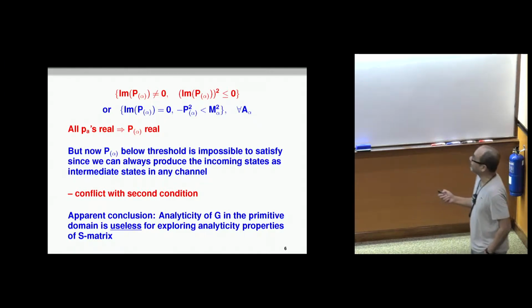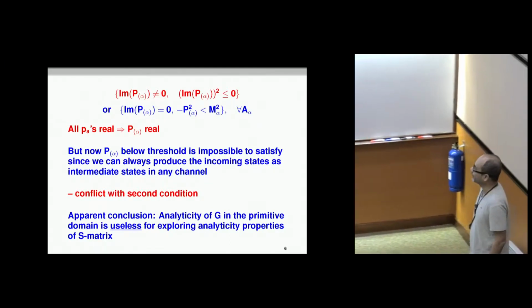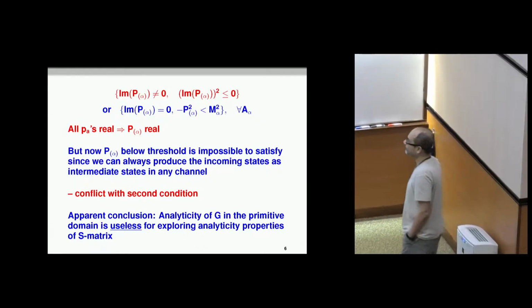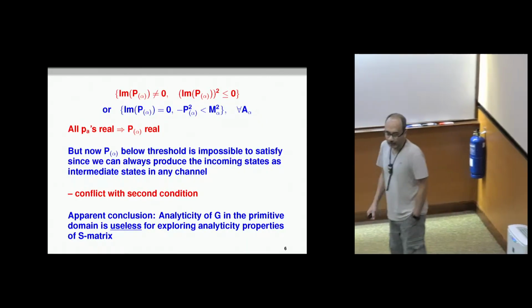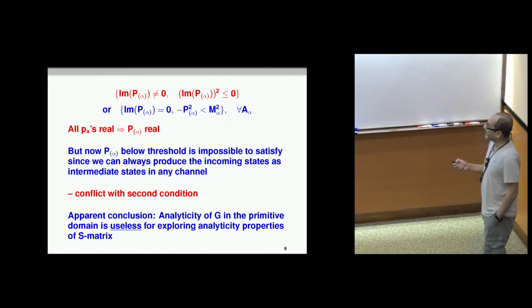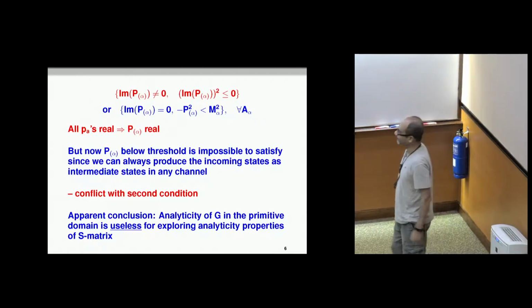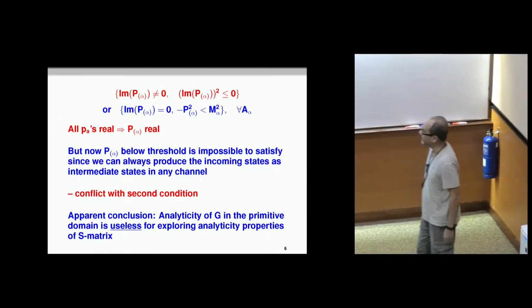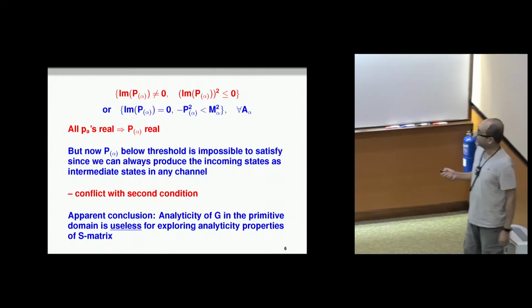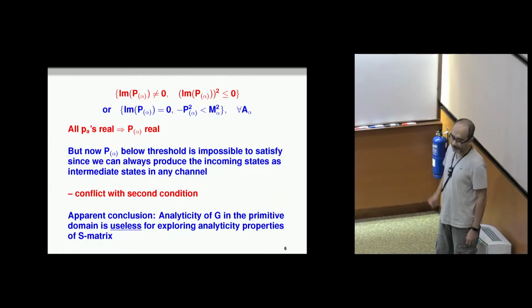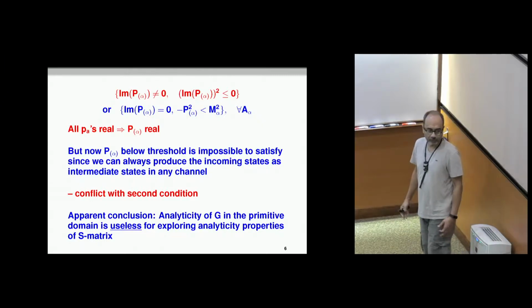That shows that it's in conflict with the second condition. So the apparent conclusion that we will draw from here is that the analyticity of G in the primitive domain, which follows from locality of the position space Green's function, is useless for exploring analyticity properties of the S matrix because there is no overlap between these two domains.